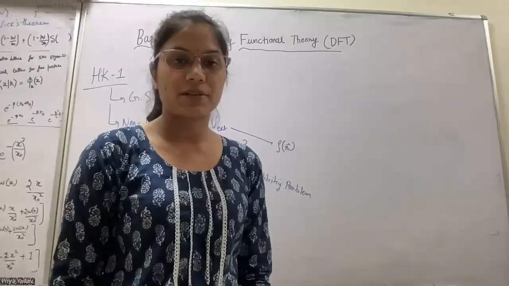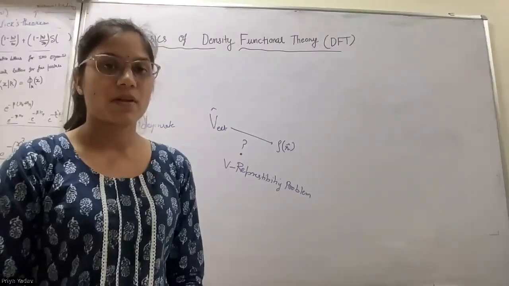Can I understand it this way, that the back trace is not possible? For a particular external there is a particular rho, but for a particular rho the vice versa is not always true in general. Yeah, that is true, but it's not that obvious that you can find it.